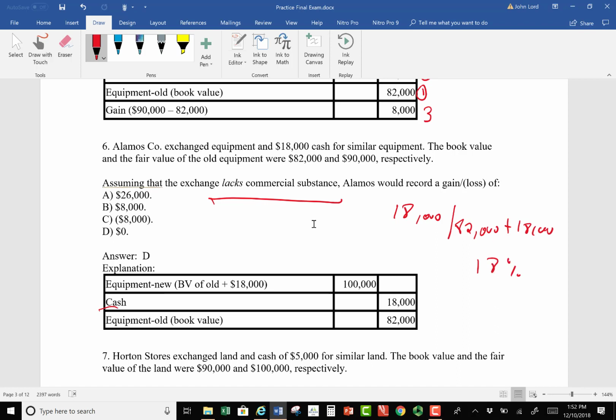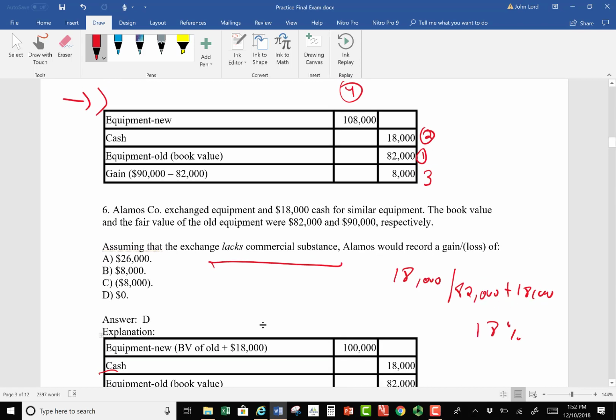And since it's less than 25, the company paying the cash will not recognize the gain, right? If we were the company receiving the cash, then we would have to take 18% of whatever the gain was. Okay, good. Question on that?